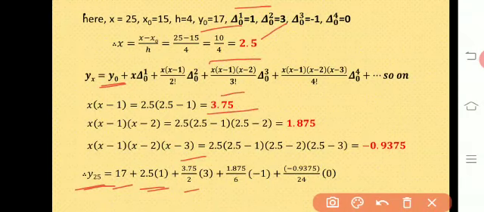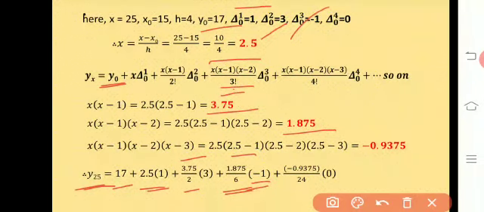So x into x minus 1, x minus 2 is 1.875 divided by 3 factorial. So 3 factorial is 3 into 2 into 1. So 3 into 2 into 1 is 6. It is 1.875 upon 6 into delta 0 raised to 3, and delta 0 raised to 3 is minus 1, plus this x into x minus 1 into x minus 2 into x minus 3 is minus 0.9375 upon 4 factorial.